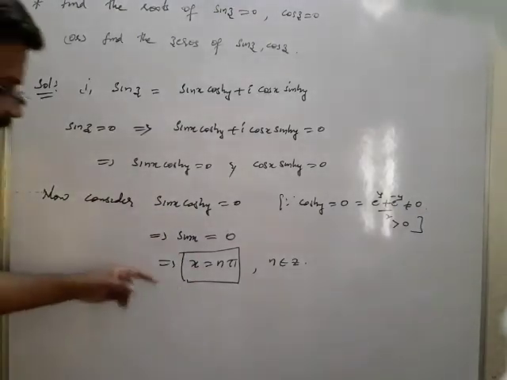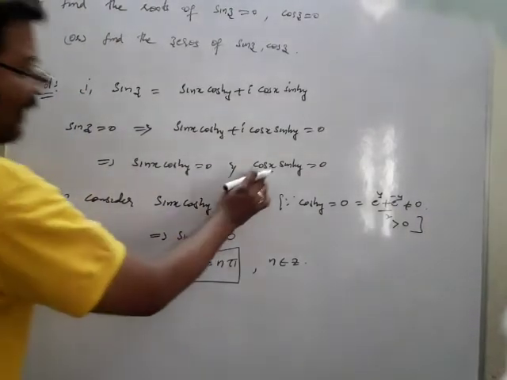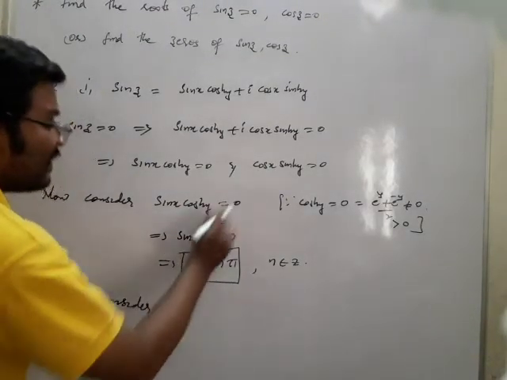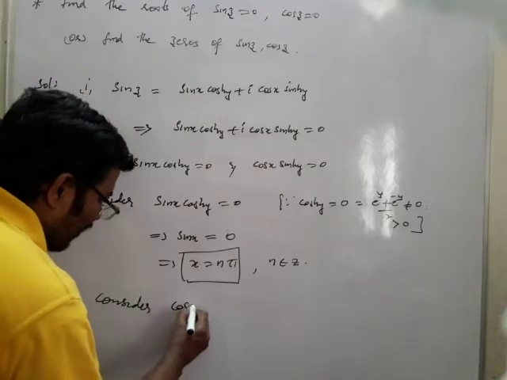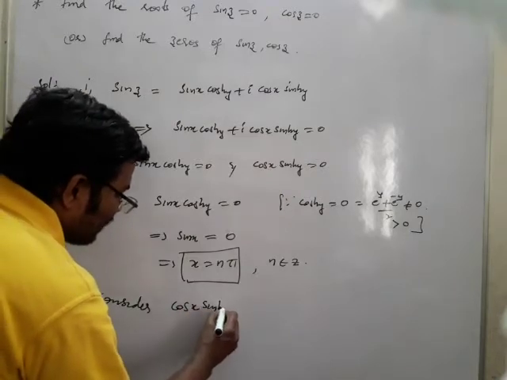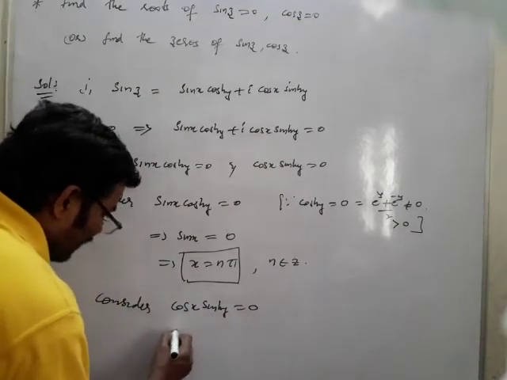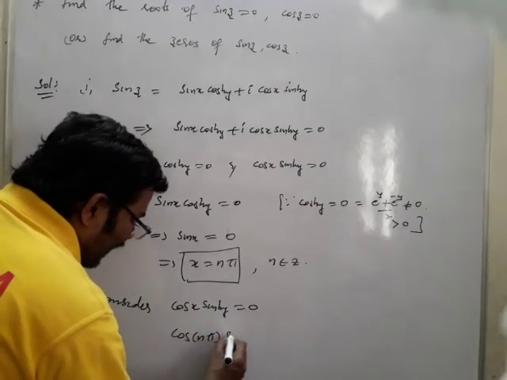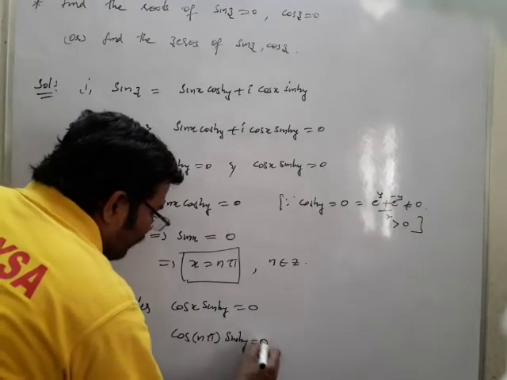Now we need to find the value of y. So I will take this term. Consider cos x sin hy equal to 0. Now cos x is cos n pi, and sin hy equal to 0.